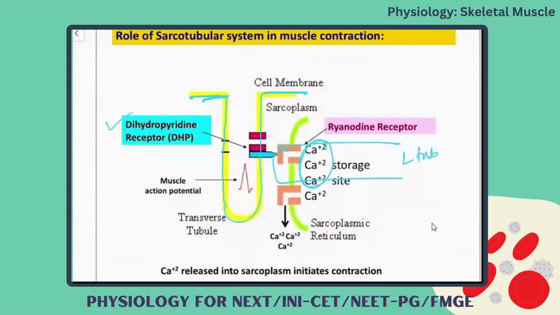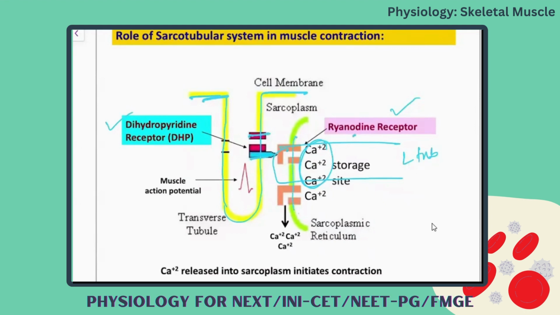One is the dihydropyridine receptor and the other is the ryanodine receptor. These two receptors are involved in muscle contraction to initiate the signal in the sarcotubular system.